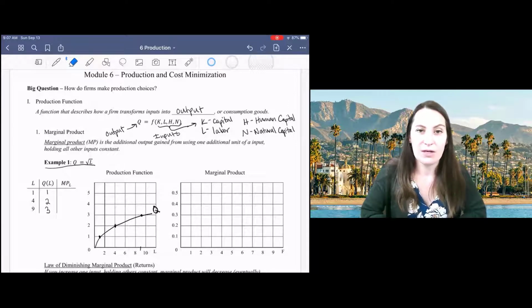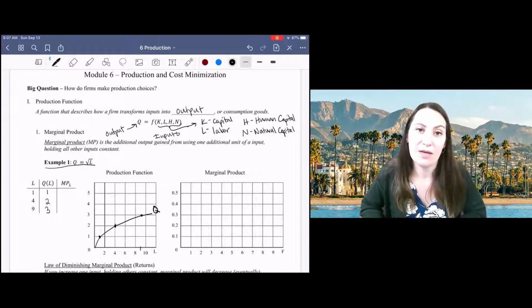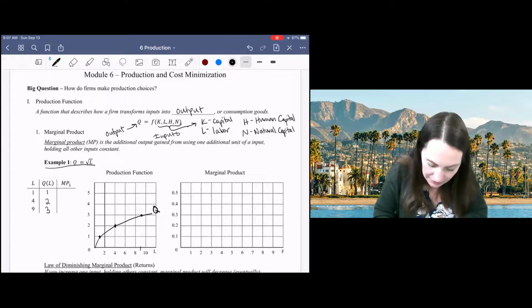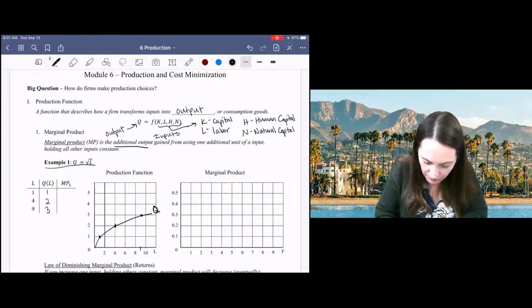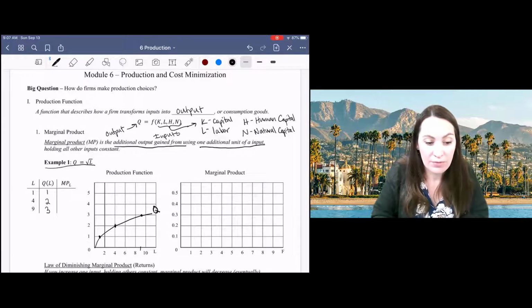And so what we want to do is calculate marginal product to help us think about the relationship between each input and production. Marginal product is the additional output gained from one additional unit of an input, in this case, labor. It's the slope of our production function.